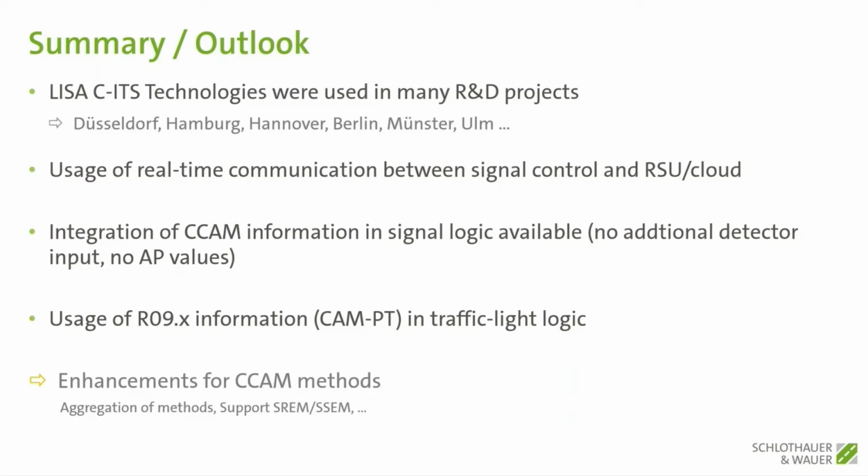Then the integration of CCAM information in the signal logic was done by messages, by a definition of specific messages. So you can use that information in the form of a function, and the information is directly in the control itself. There's no usage of an additional detector input or so, or AP values from an OSIT connection necessary right now.